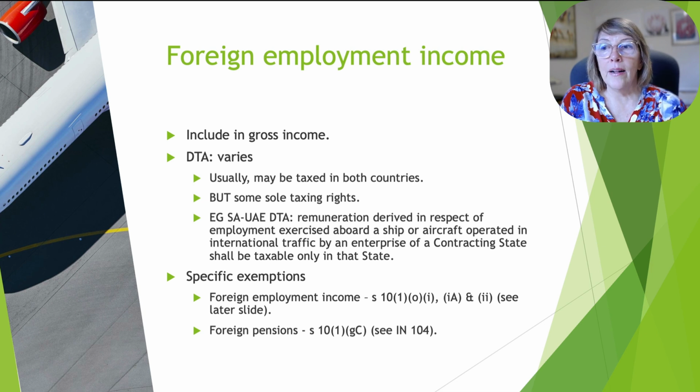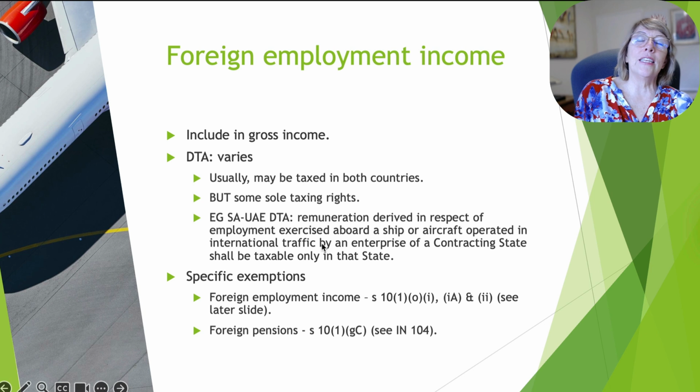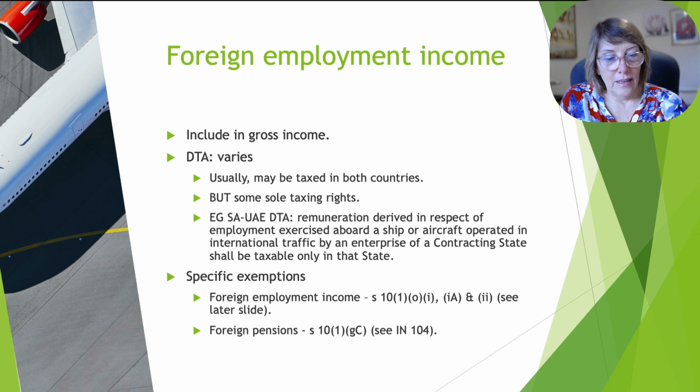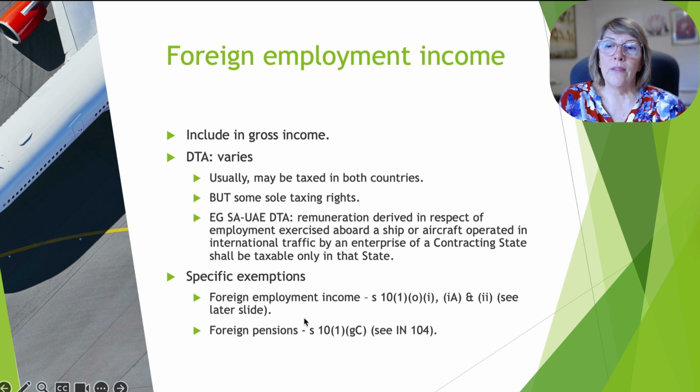All right, so here is an example of where the remuneration would not come into gross income. It's not taxed here. All right, but if it is remuneration that is not subject to a sole taxing right in the other country, then it would be subject to tax in South Africa unless you get a specific exemption.